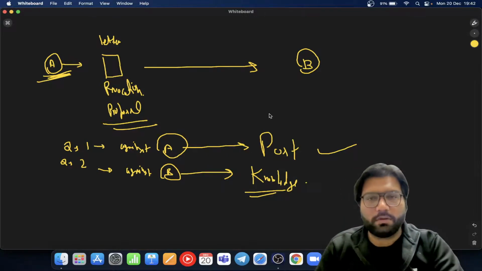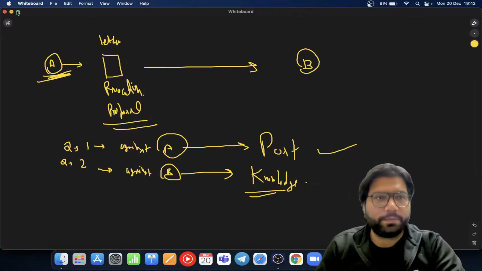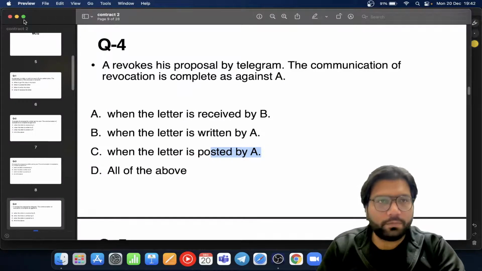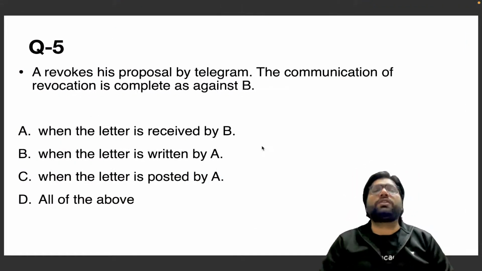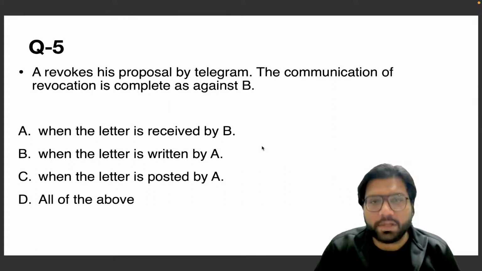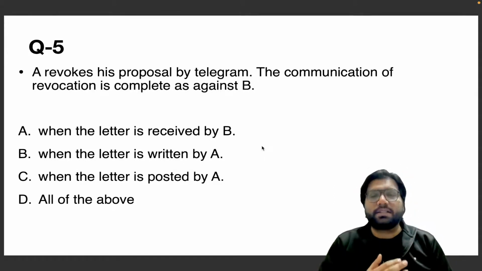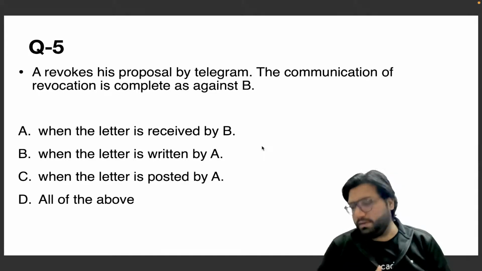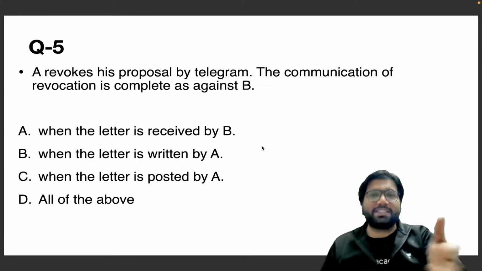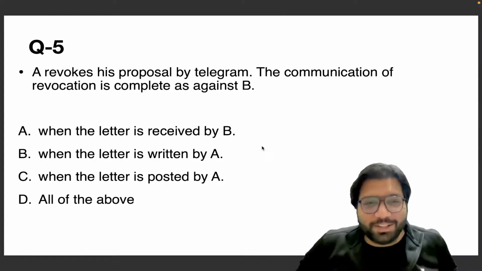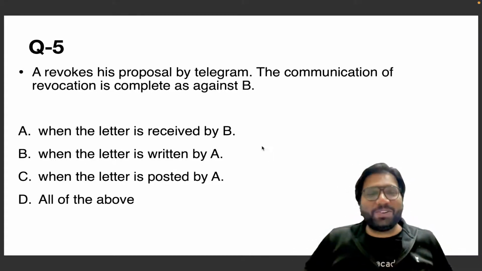Got it? Okay, let's move to the next, students. This is your question number 5 now. A revokes his proposal by telegram. The communication of revocation is complete as against B. I hope now you can easily answer. I have just explained the whole concept. There should not be any problem in this one now.